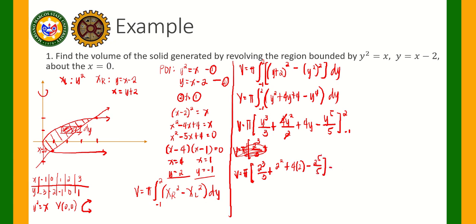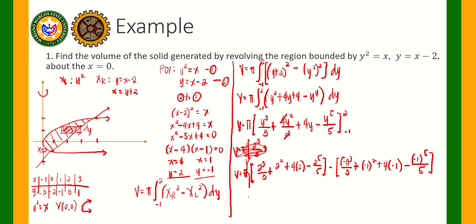And then yung lower limit natin minus, that is equal to negative 1 cubed over 3 plus negative 1 squared plus 4 times negative 1 minus negative 1 raised to 5 all over 5.